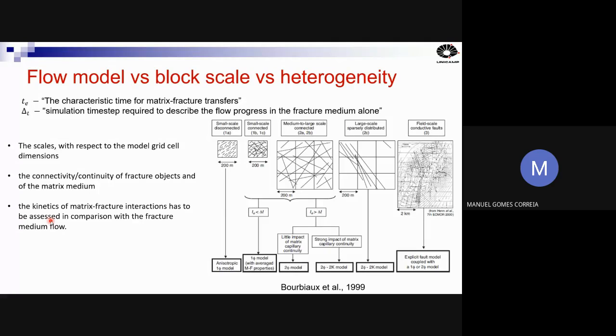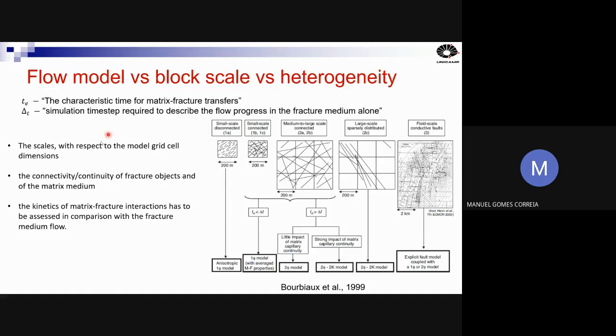Because as I said previously, in engineering, so in flow simulation, in reservoir simulation, we can have fractures, but not necessarily we need to apply a dual porosity model. So this guy Borbio studied the main things that are important to decide if it's a dual porosity or single porosity.